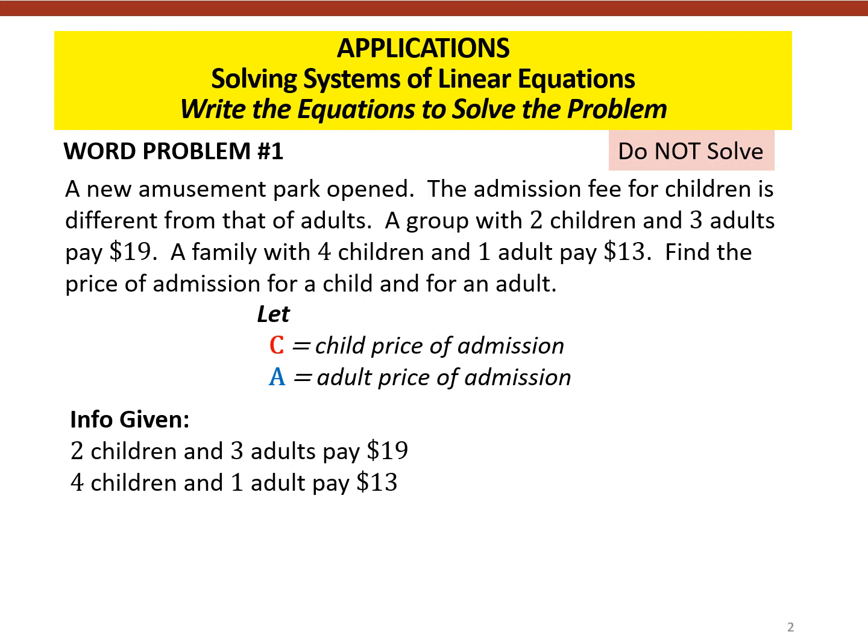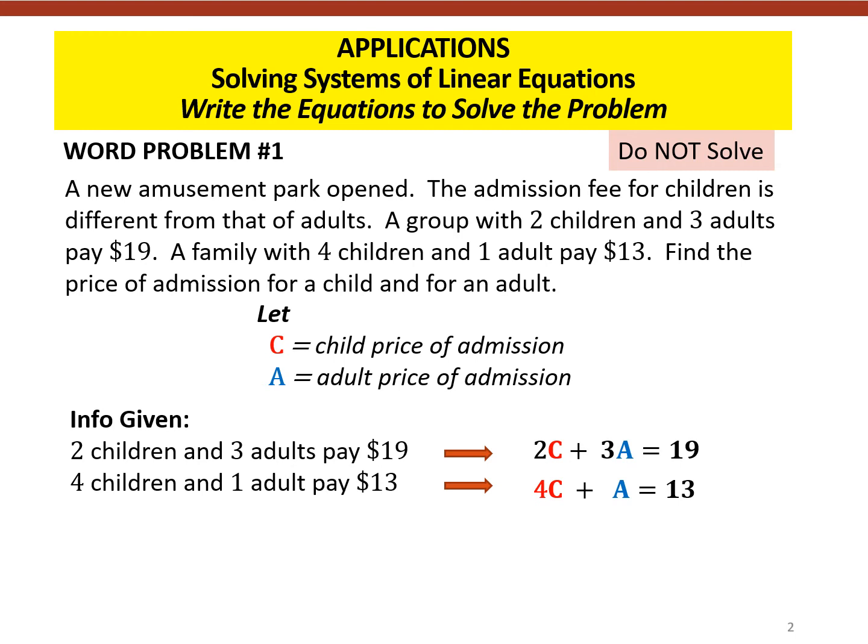So I take the very first line, 2 children, 3 adults. So I have 2 children. That means 2C. 3 adults is 3A. And when you add them together, they pay $19. And you've got your first equation. Now we're going to do the same with the second. We have 4 children, so that's 4C, 1 adult, 1A, and they add together and pay $13. And you are done, and you have your 2 equations written.